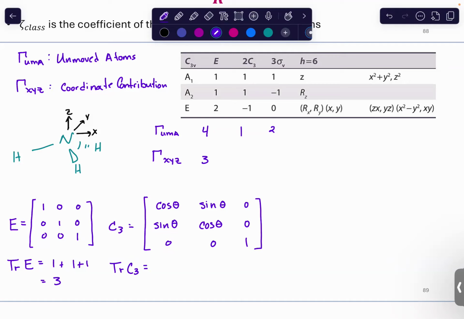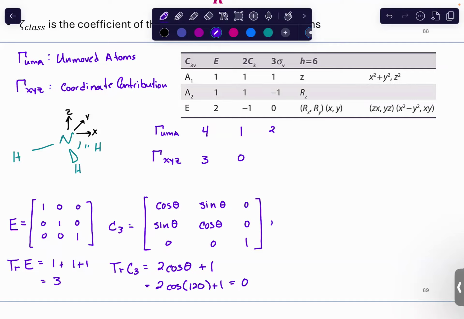What is the trace of the C3 matrix? 2 cosine of theta plus 1. But we need a character in there for a C3 operation. What is theta? 120 degrees. And when you do that, it's going to give you a character of 0. We do cosine of theta plus cosine of theta plus 1, put in the 120, and we end up with a 0 for the character.